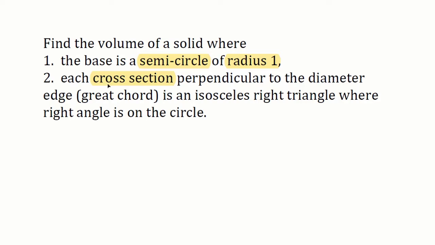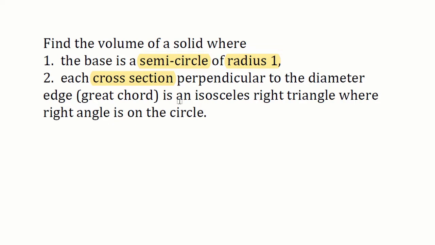And we erect the cross sections over those stripes. So this part describes the cross sections that come out from the stripes. Each cross section perpendicular to the diameter edge is an isosceles right triangle where the right angle is on the circle.